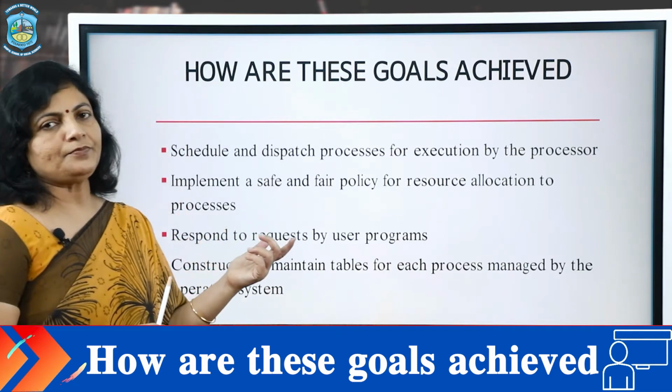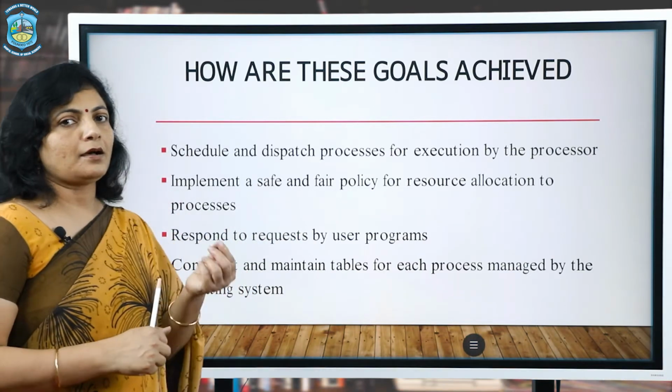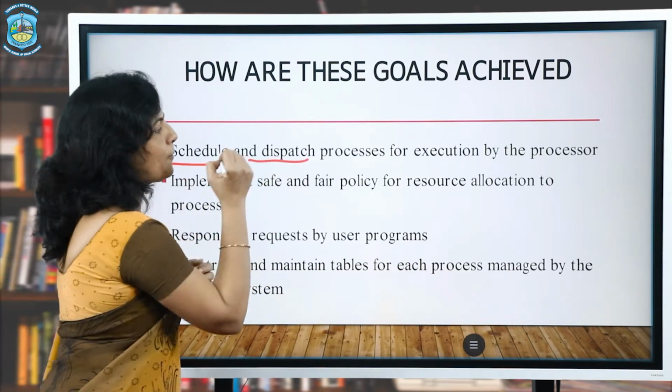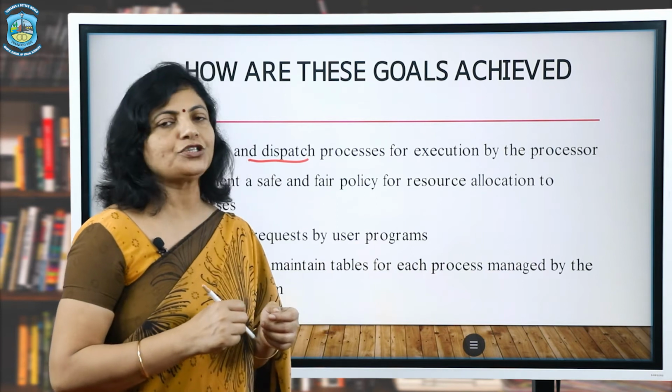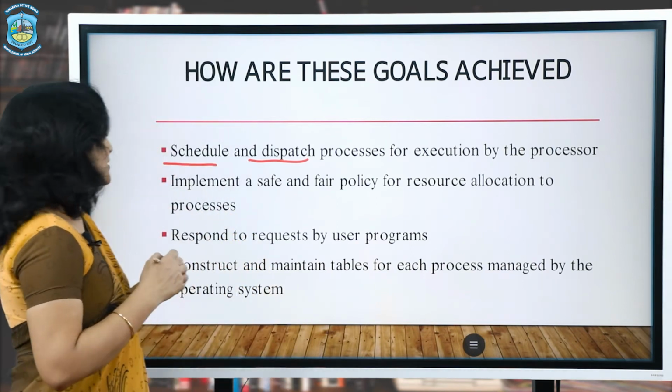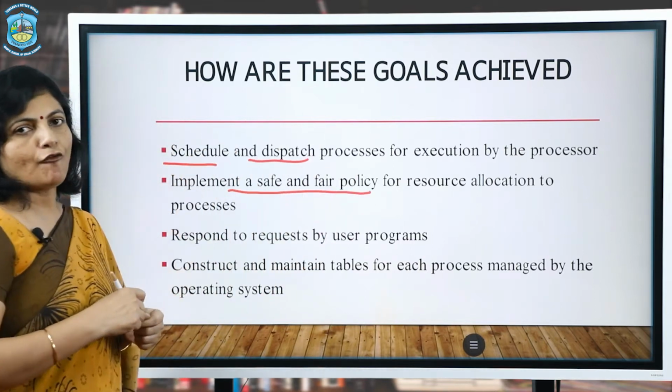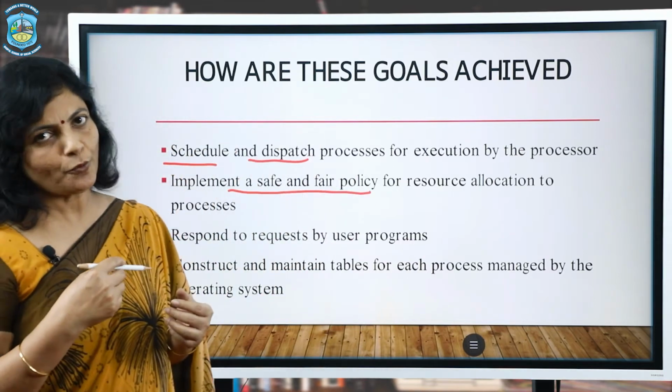Now let us see how these goals are achieved. The operating system uses programs for scheduling and dispatching processes for execution by the processor. It implements a safe and fair policy for resource allocation to processes.